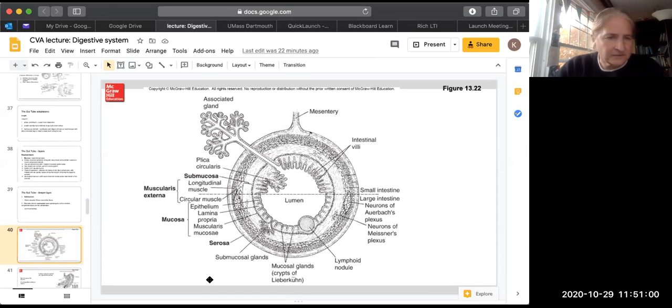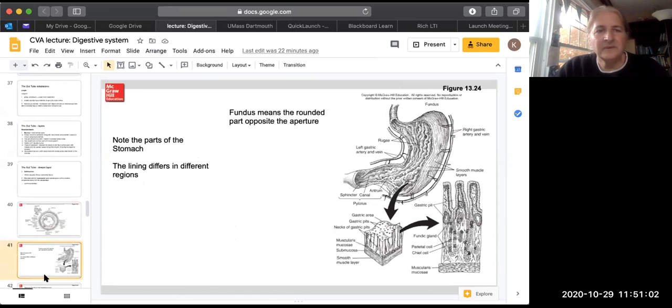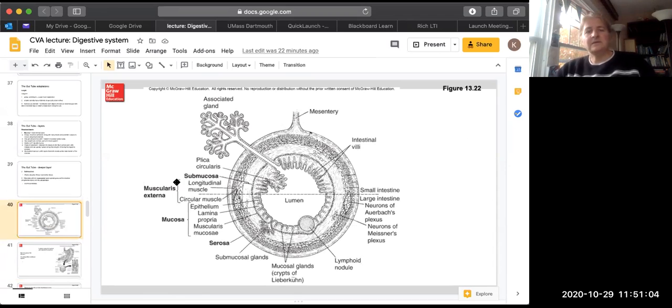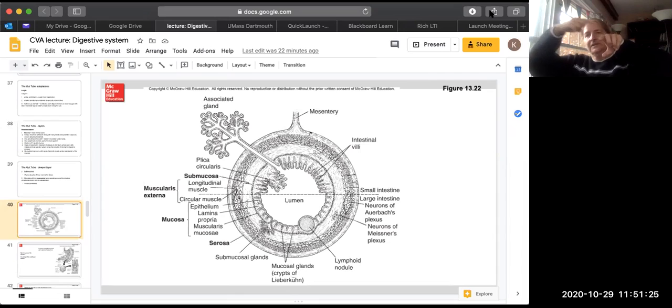So the muscles go around the tube like this, and then there are muscles that go longitudinally. You've got these two layers of muscle with different orientations.